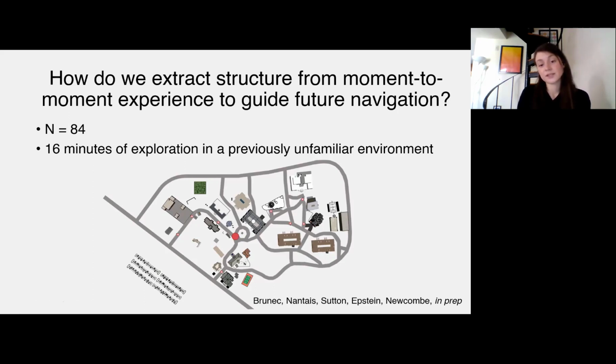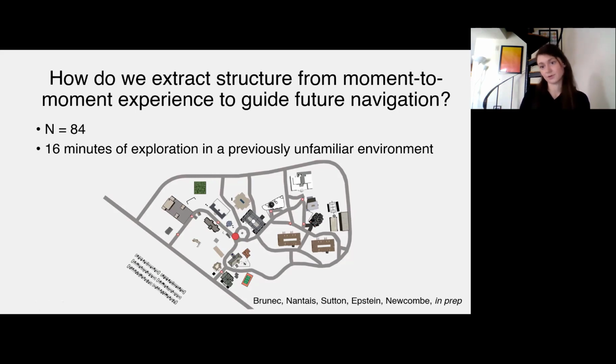So it's a fairly complex environment, as you can see. It's modeled after a real affiliate campus of Temple University in Philadelphia. But all the participants were told was to try to find these 8 buildings, and that they would be later asked to draw a map.